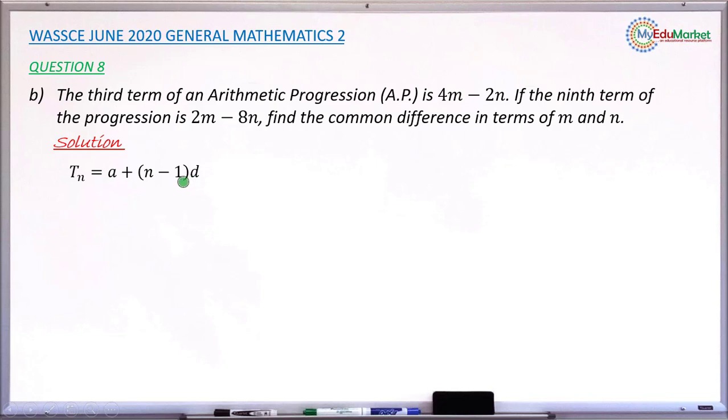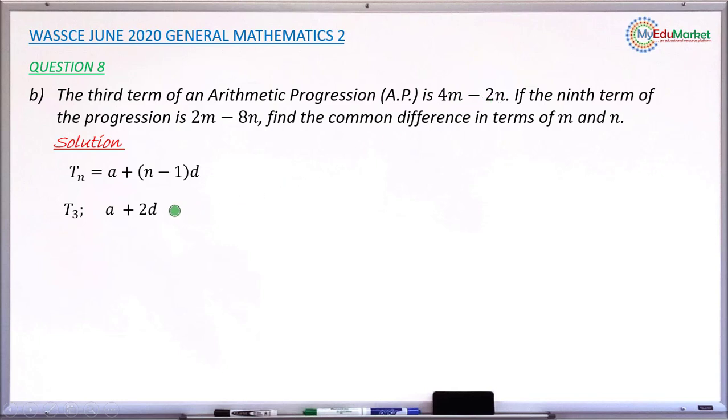In the question, we have term number 3, that is the third term. So to get this third term, we replace n by 3, and 3 minus 1 gives 2. So you have term number 3 equals A plus 2D. But the expression for that third term in the question is 4m minus 2n.